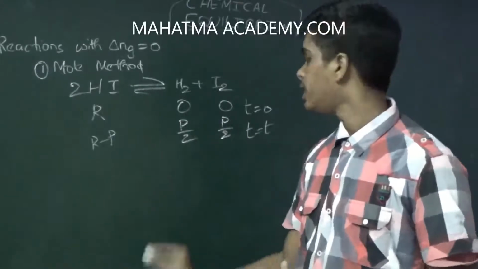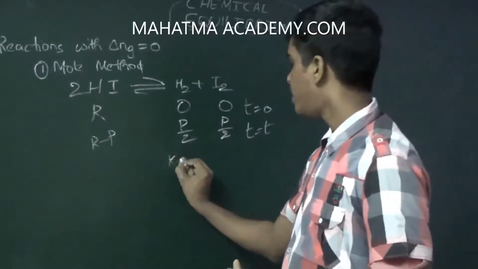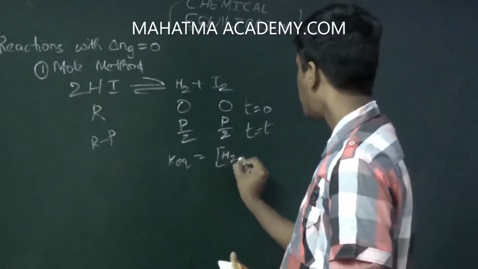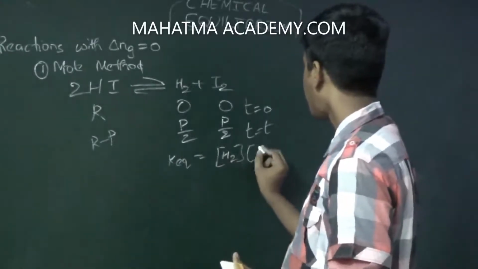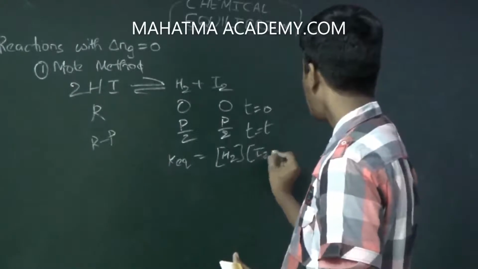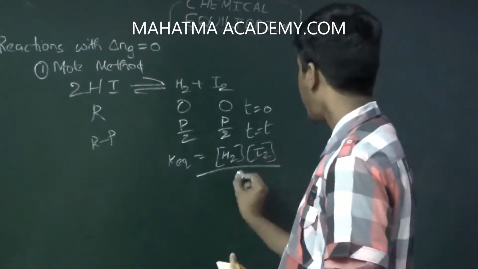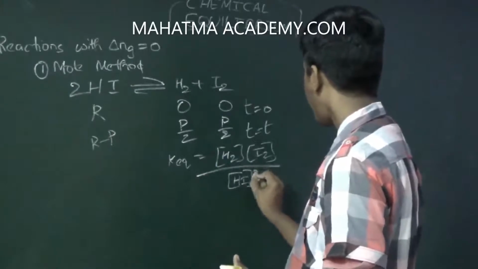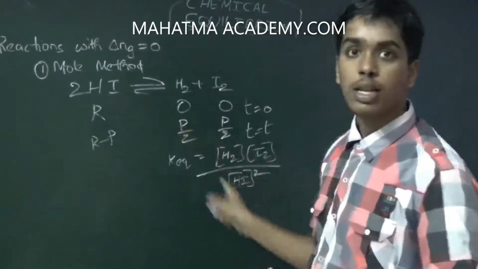As we have seen, K equilibrium is equal to [H2][I2] divided by [HI] whole square, because it is 2HI.